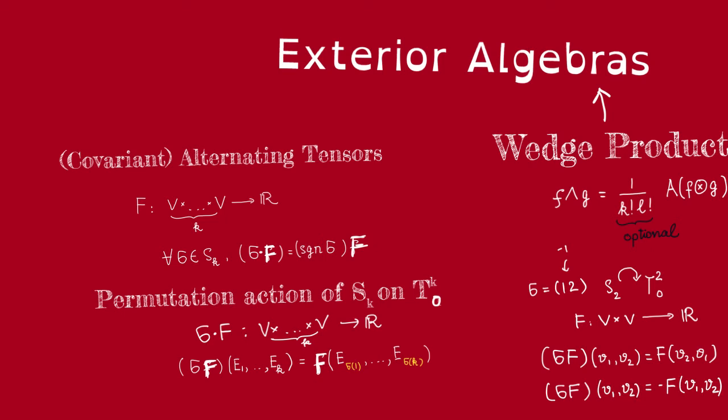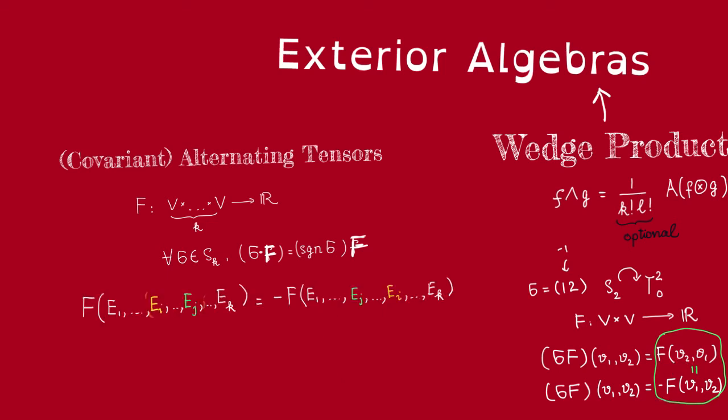Pointwise, this must imply that when we interchange the arguments of F, the sign of F switches. And that actually gives an alternative way of defining these alternating tensors. So these are tensors such that whenever you interchange two arguments, the sign switches.